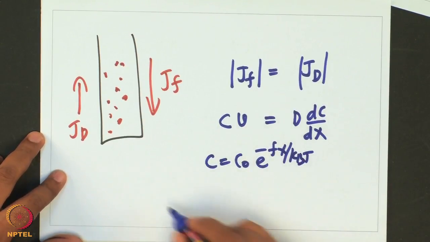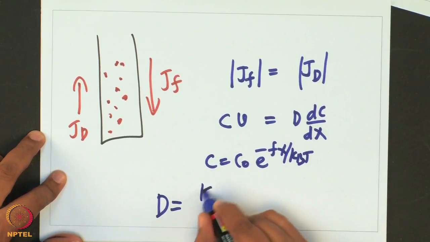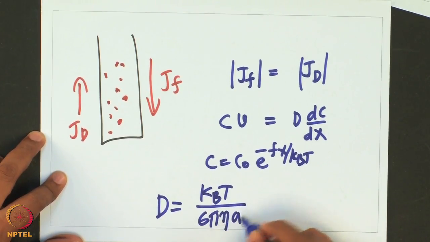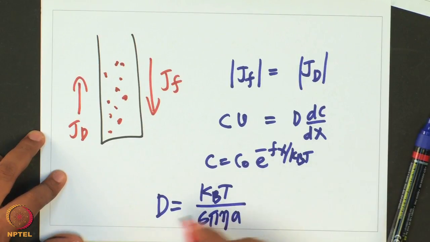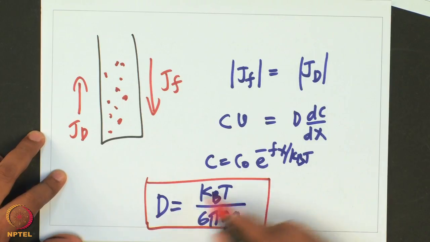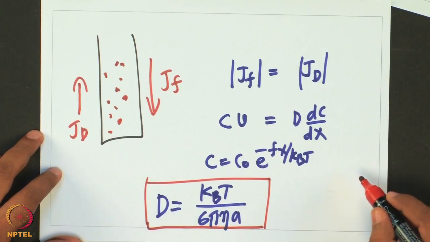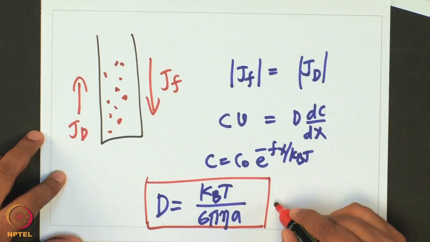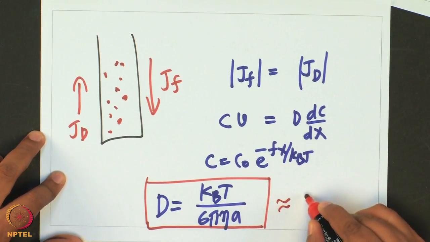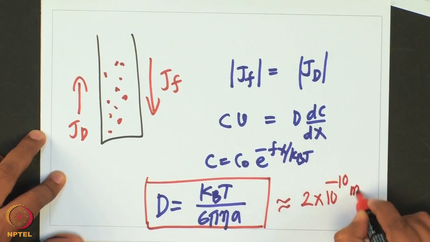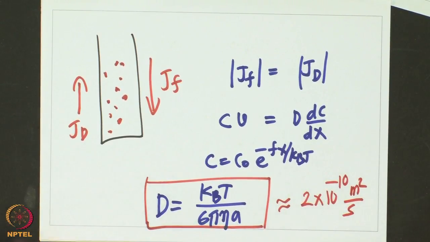By equating this, we got the relation D is equal to kBT by 6 pi eta a. This is the famous Einstein relation. It relates the diffusion coefficient to temperature and viscosity, and we calculated it to be approximately 2 into 10 power minus 10 meters square per second for a protein of 1 nanometer.